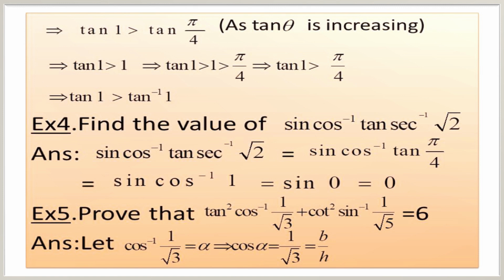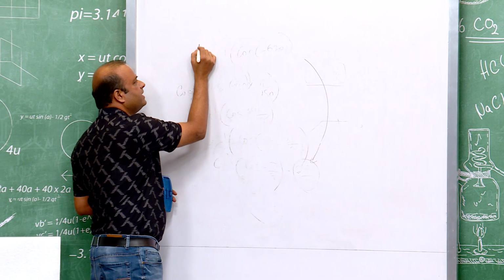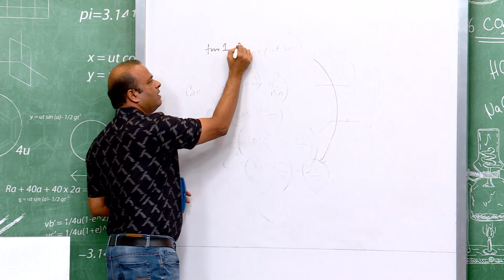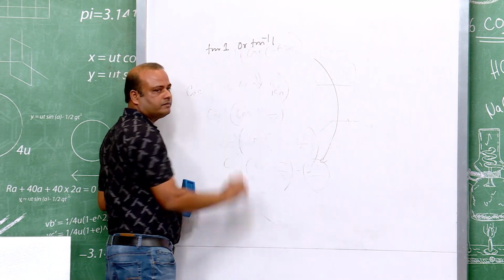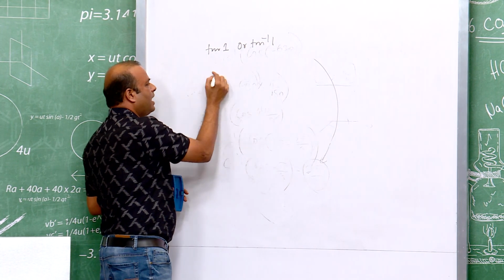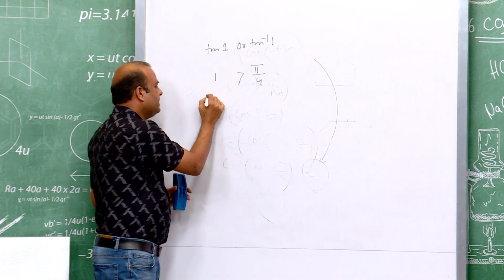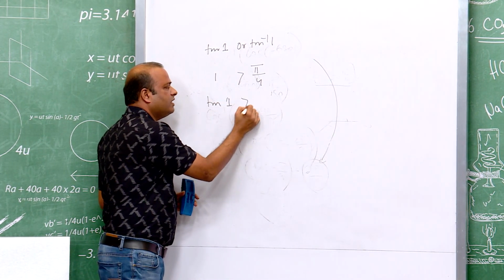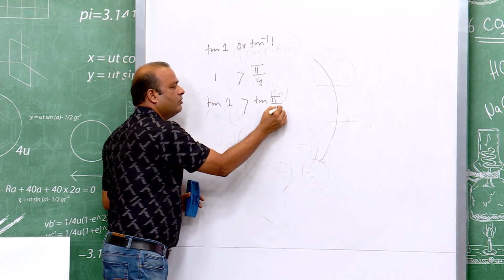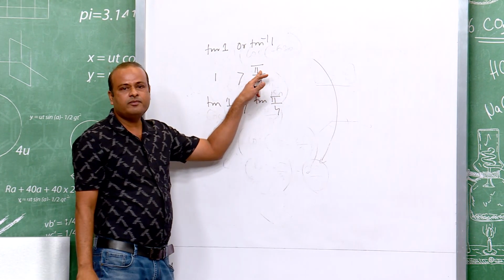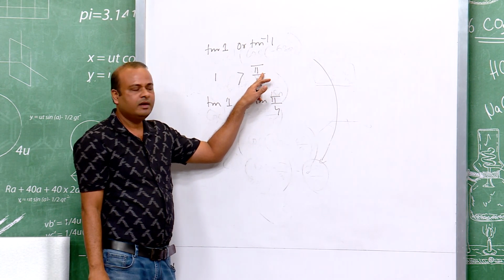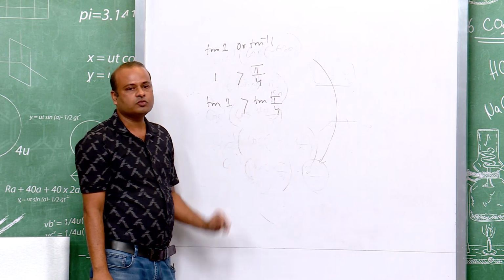Now, 1 is greater than pi by 4, so tan 1 is greater than tan pi by 4.